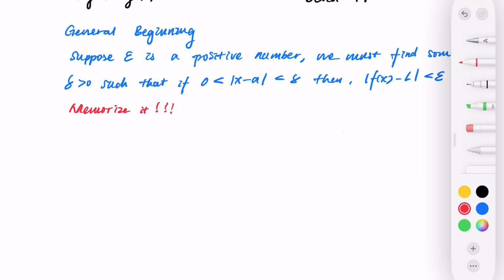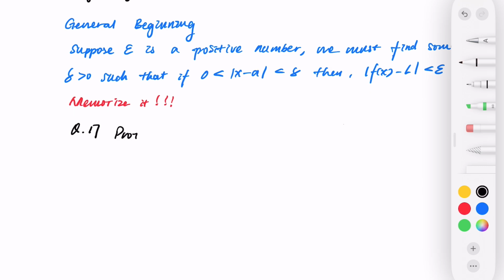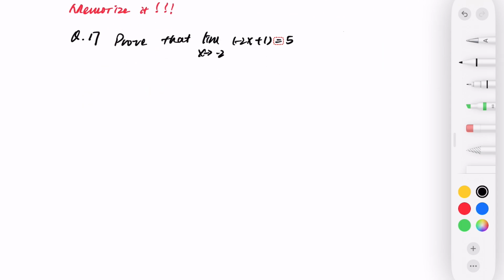So in this question 17, prove that the limit of negative 2x plus 1 as x approaches negative 2 is 5. You see what we need to do? We need to find the a and the L, right?